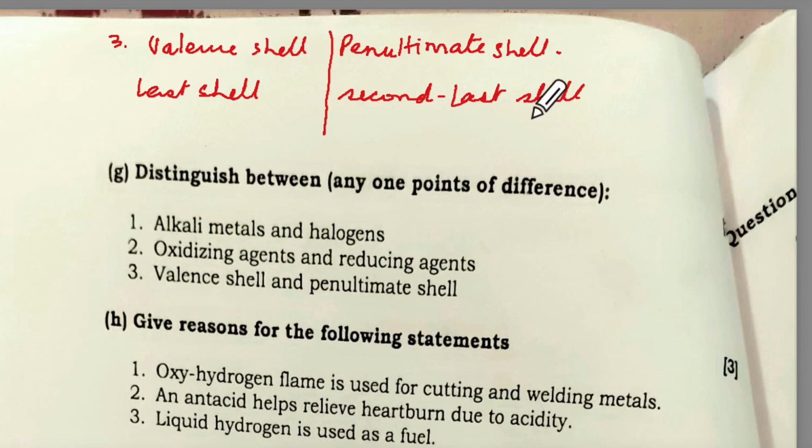Do you know the last but one shell cannot have more than 8? It will be always 8. Supposing I'm talking about sodium, it is 2, 8, 1, no? Or let us say potassium. It is 2, 8, and then after that 9 remain. But you have to put 8 and then put the next one here like this. So the second last shell always has to have 8 electrons.